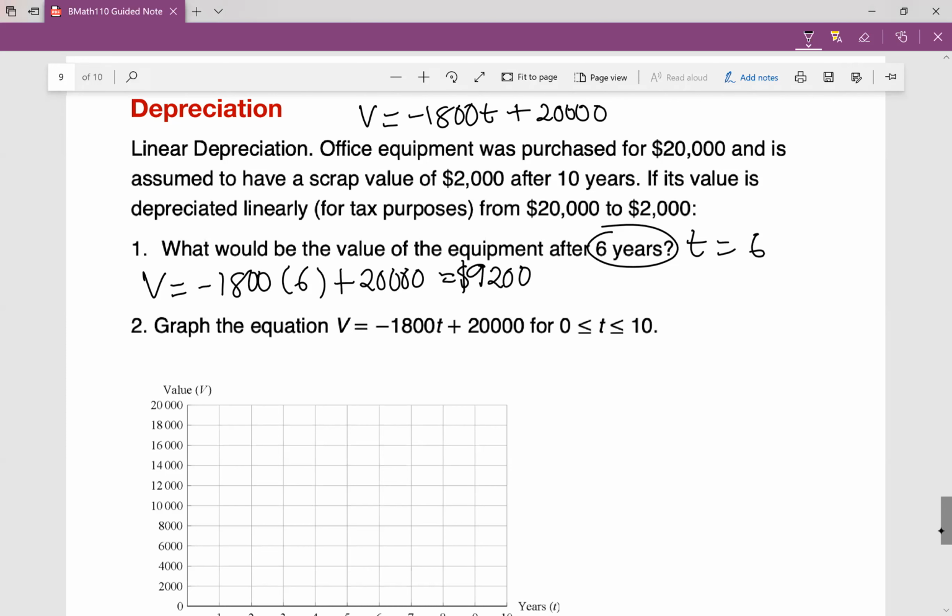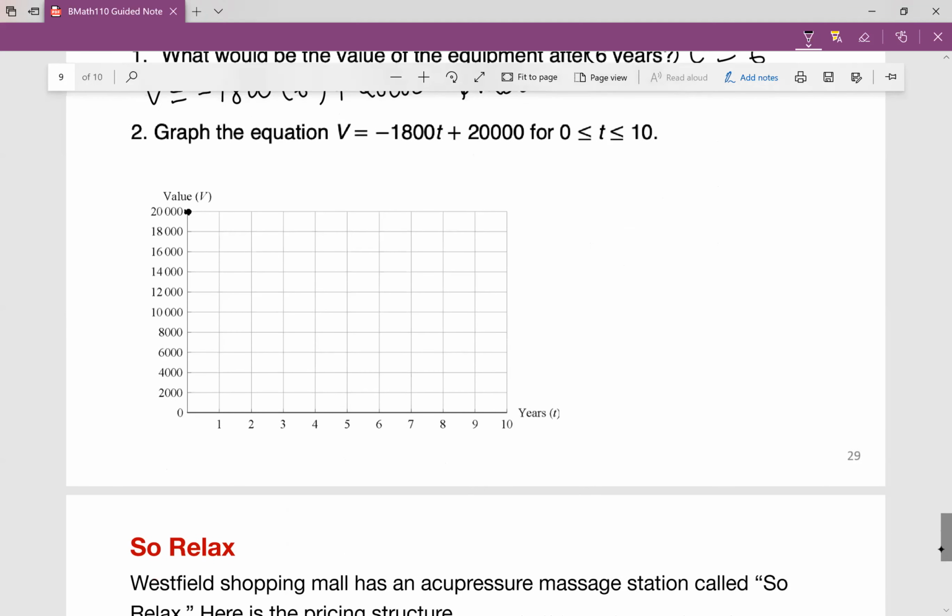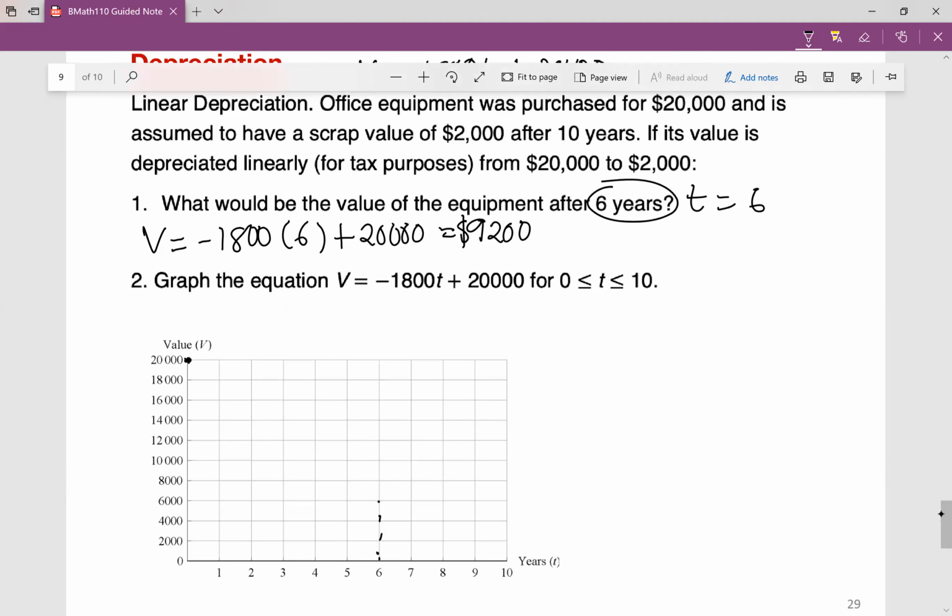And graph the equation V equal to negative 1,800 T plus 20,000 for T from 0 to 10. So we know that it starts from 20,000, so it was here. And I'm going to use one point that we know: T equal to 6 and V equal to 9,200.